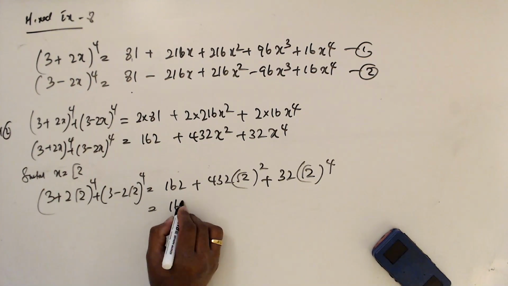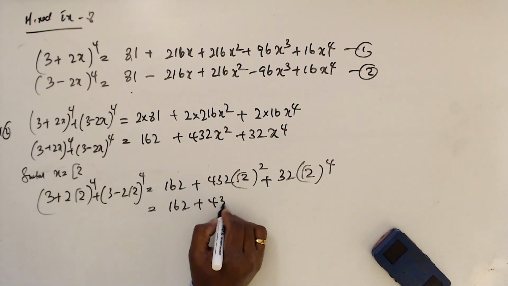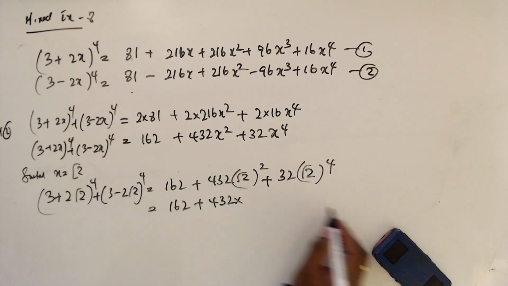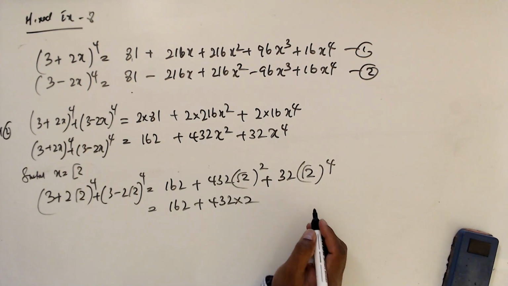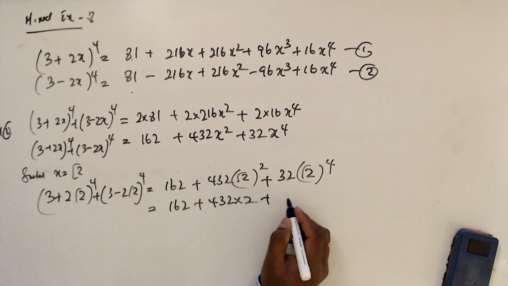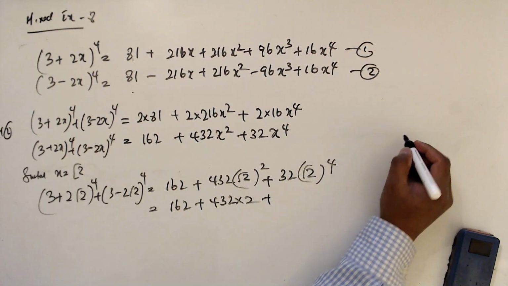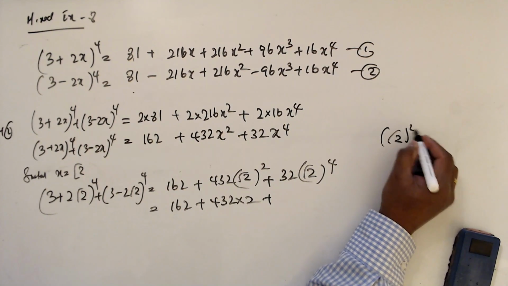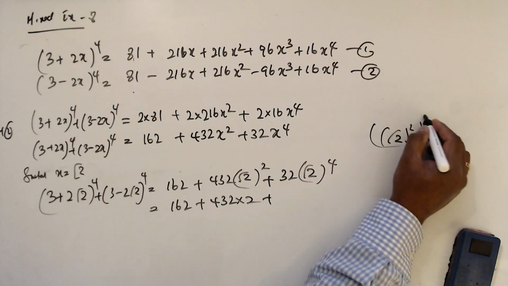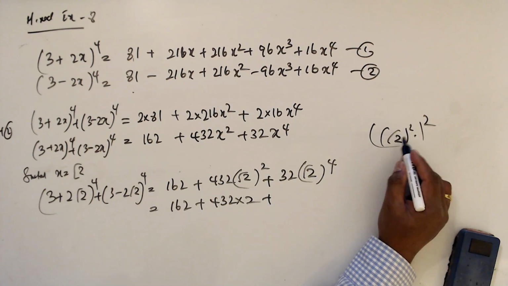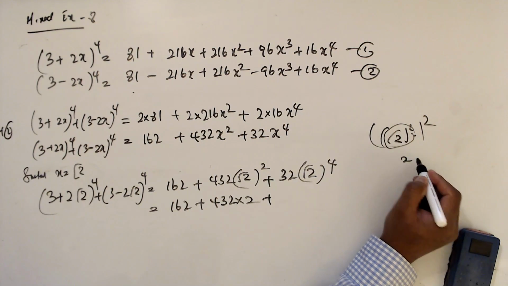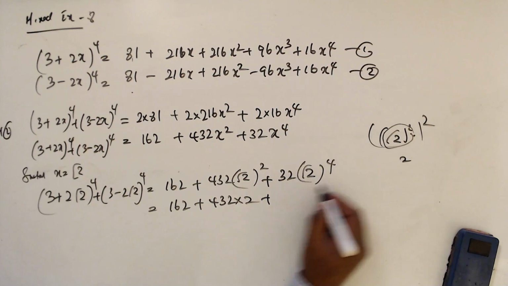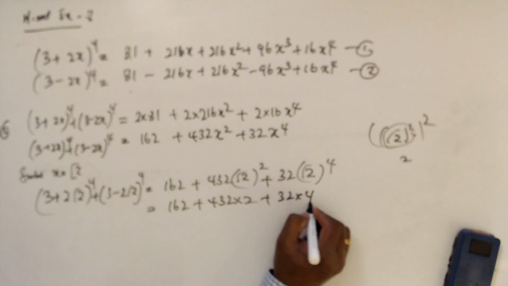This is 162. This is 432 times square root squared, meaning 2. And this is square root squared times square root squared, meaning 2 squared is 4. 32 times 4.